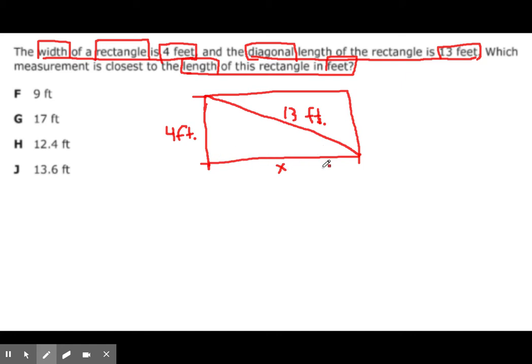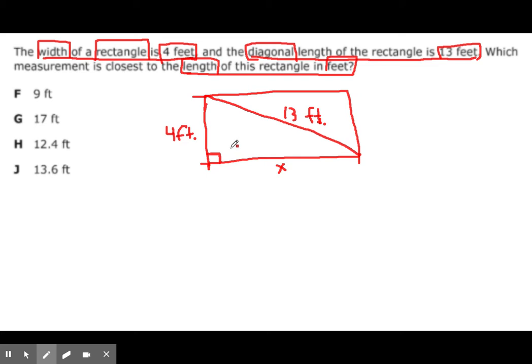Now, in order to find this distance, we can use the Pythagorean theorem. Remember, Pythagorean theorem works with right triangles. Well, I know if I have a rectangle, each corner represents a right angle, or a 90-degree angle. So here's my right angle in my right triangle.